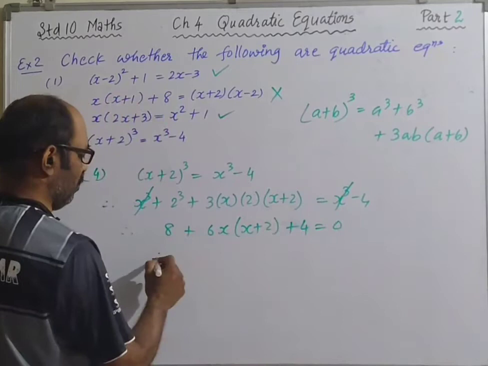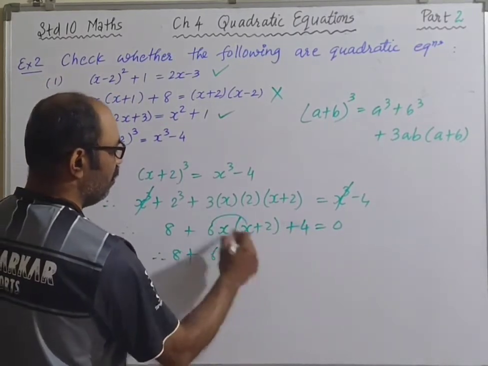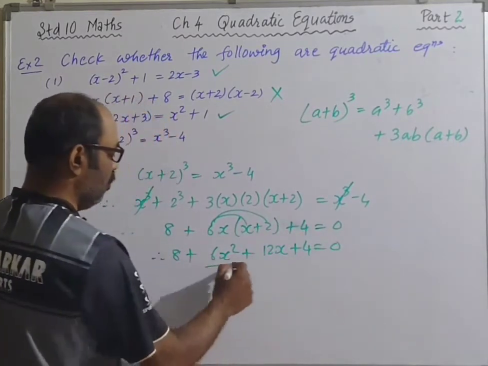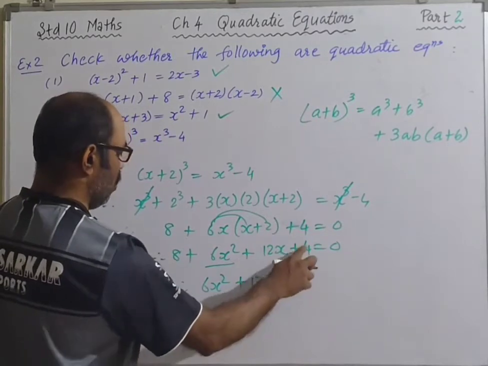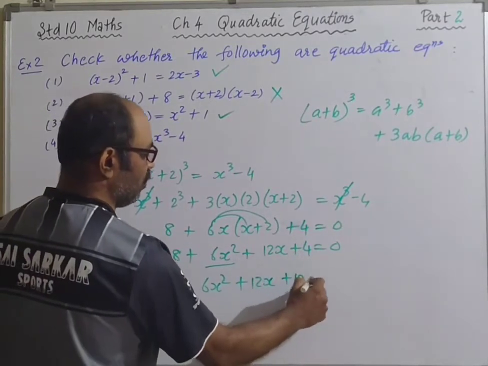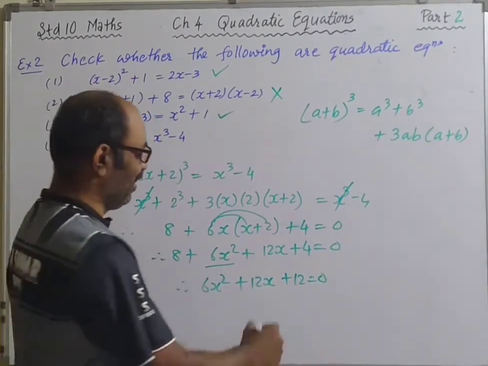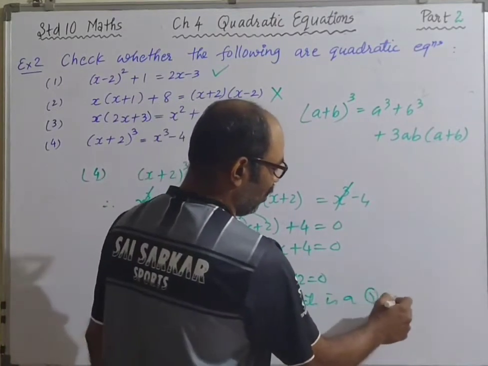Still this is monomial into binomial. So 8 plus 6x square plus 12x plus 4 equal to 0. You may write 6x square as the first term plus 12x, or 8 plus 4 is plus 12, equal to 0. And yes, this is a quadratic equation.